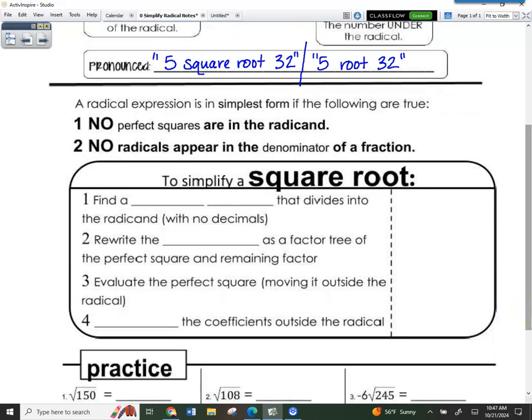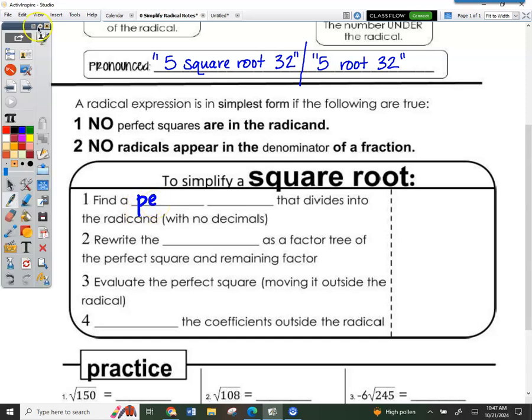We have 4 steps to simplify a square root, and then we're going to do an example. Find a perfect square that divides into the radicand with no decimals. It has to divide into the radicand with no decimals.